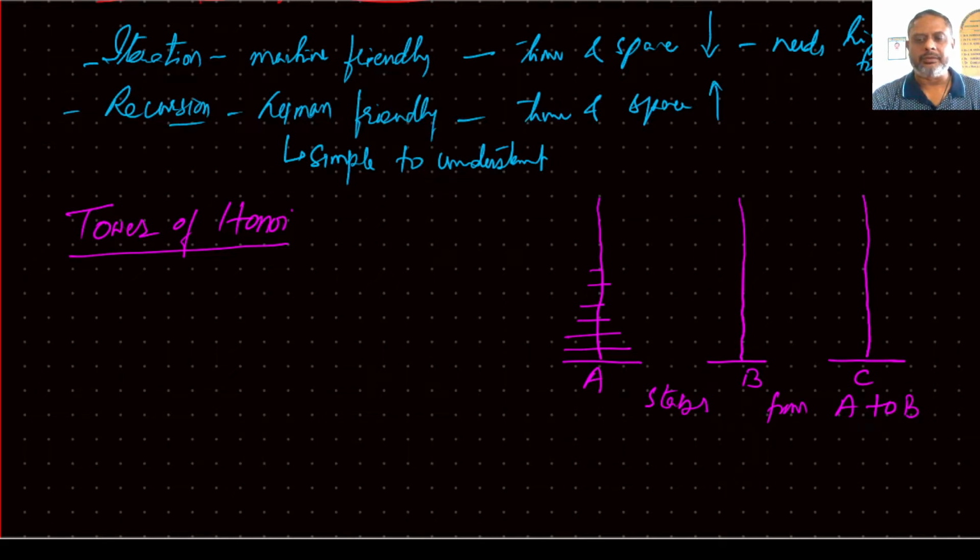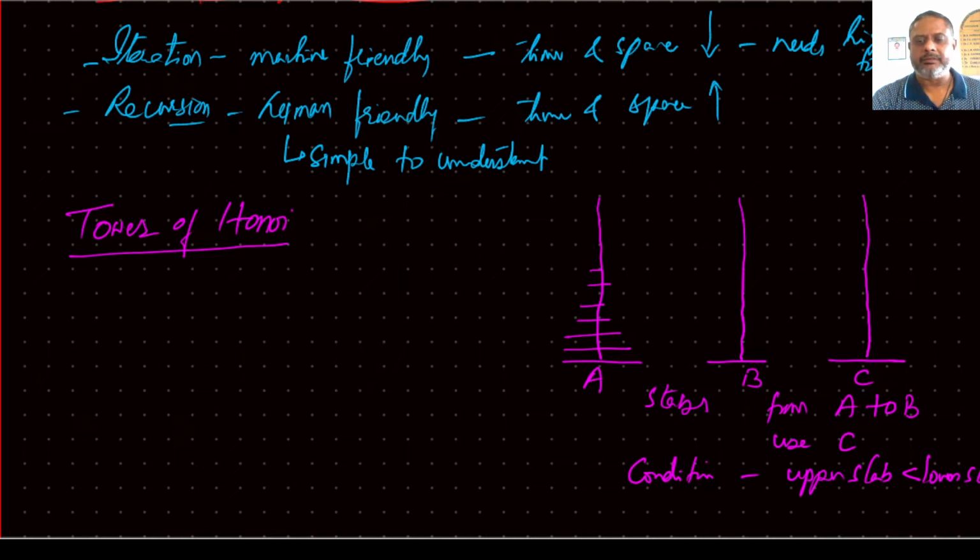So we can use C, and the condition is that the upper slab anywhere must be smaller than the lower slab. So when you put the slabs, make sure that the upper slab is always smaller than the lower slab.